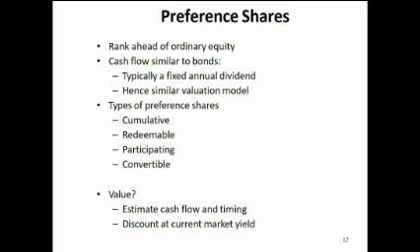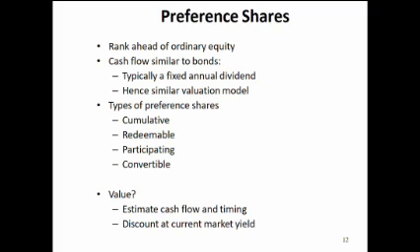So in each of these cases, we will need to determine what is the future cash flow going to be resulting from this type of preference share, and then based on those future cash flows, we can present value them using the required return, and then this will give us the value of the preference share.